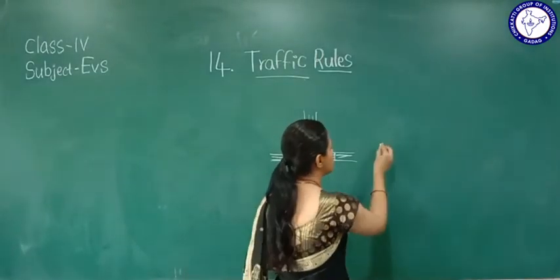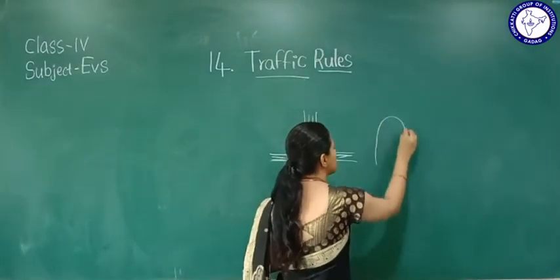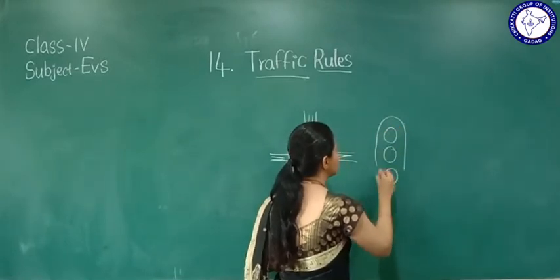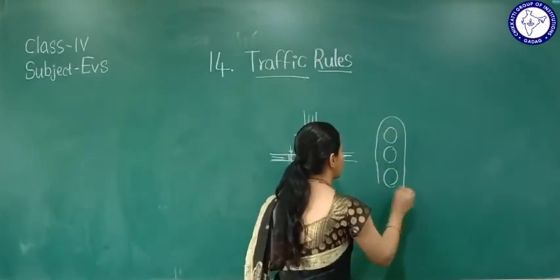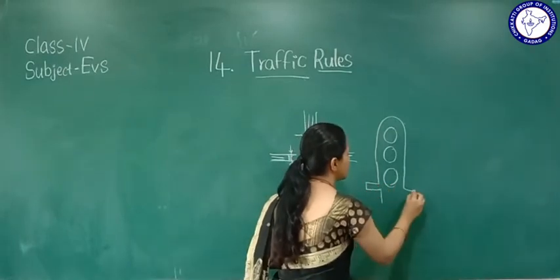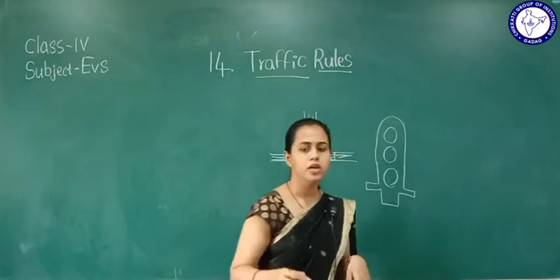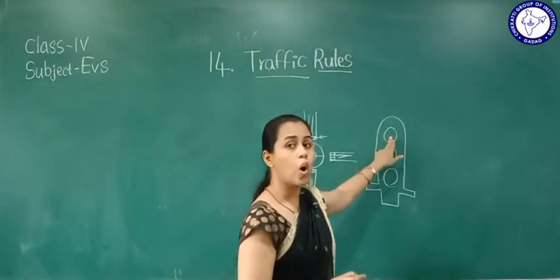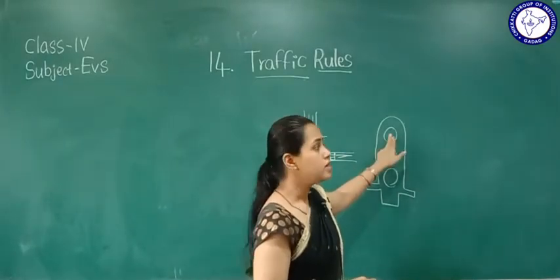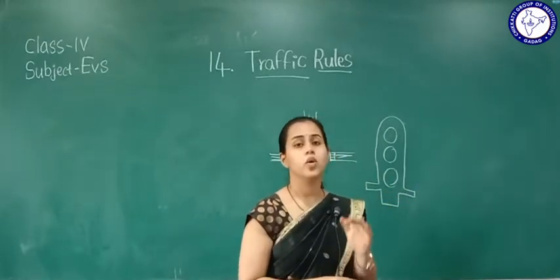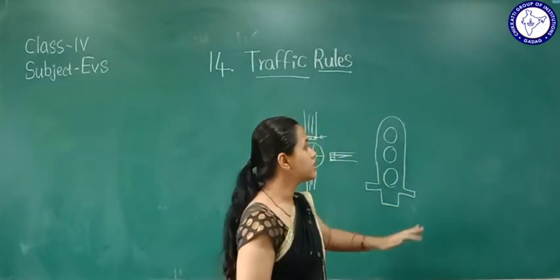Traffic signals. You might have seen, right? You can see these are what? Vehicles, right? You must have seen this. So here the red light is on, so all the vehicles halt, means they stop there only.